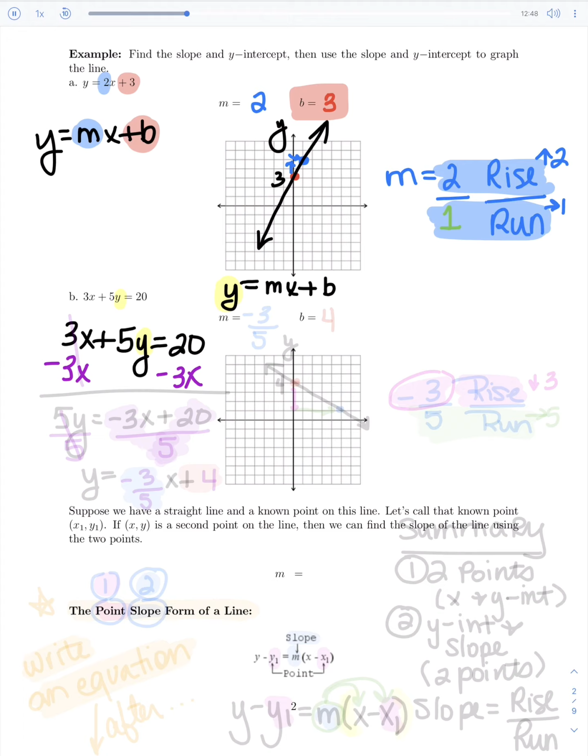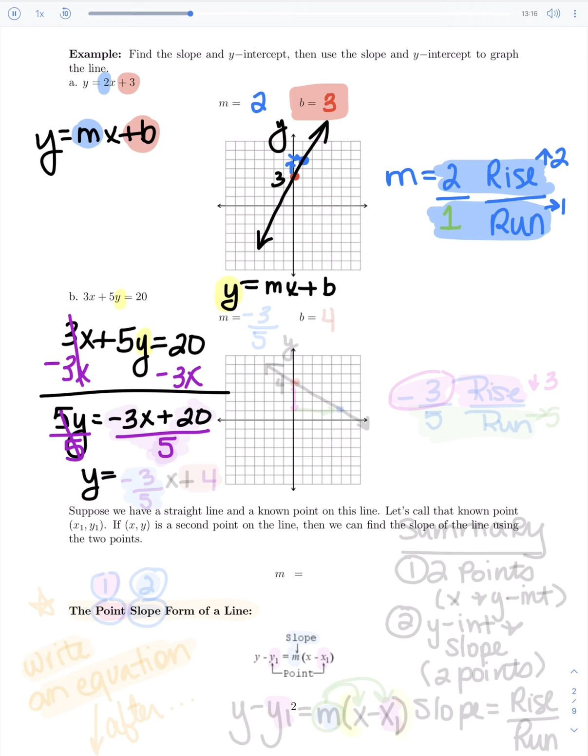So let's see how that helps us. Well, first of all, that's just going to leave us with the 5y on the left and a negative 3x and a positive 20 on the right. Continuing along, to get the y by itself, as the last step, we'll divide everything on both sides by 5. That will get rid of our 5 and leave the y by itself.